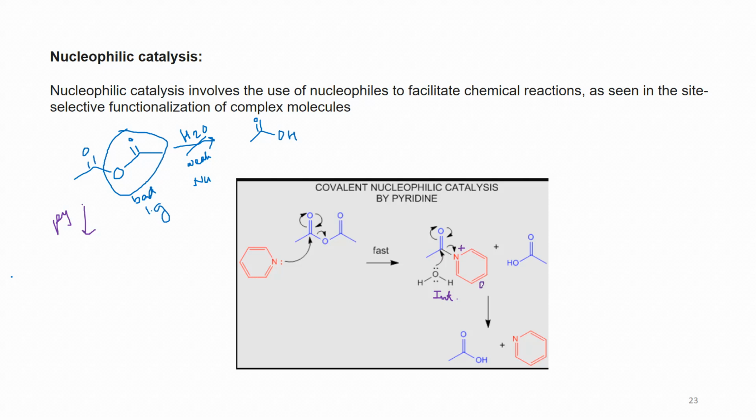So this is a good leaving group. In that case, the weak nucleophile water can easily remove this pyridine from the system and form our desired product, that is the acid.